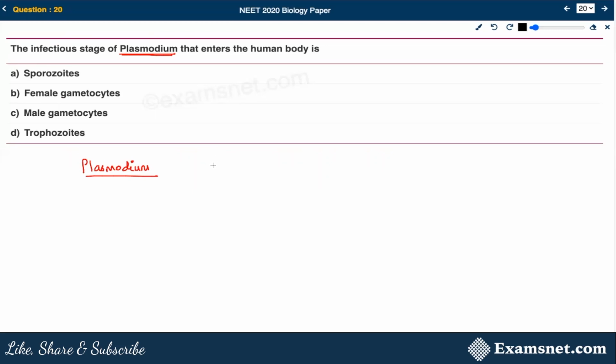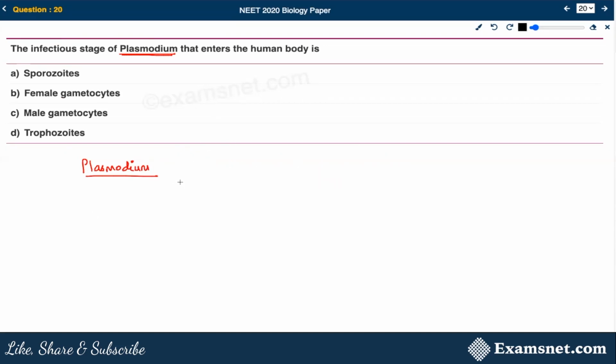Since it is talking about the infectious stage, the infectious stage of Plasmodium is actually the sporozoites, which enter the human body through the bite of the infected female Anopheles mosquito. And these sporozoites ultimately result in chilling effect and high fever, recurring fever, all those symptoms.